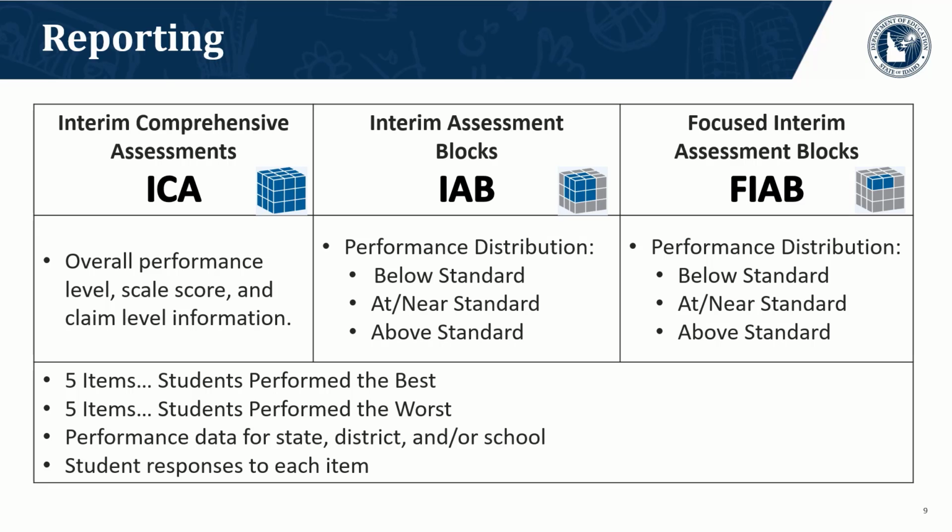Remember, the IABs and FIABs assess a specific set of targets. Then for all of the interims, regardless of type, they all show a summary of the 5 items students performed well on, the 5 items students did not perform well on, high-level state, district, and/or school performance data that can be used for comparison purposes, and of course, how students responded to each of the items.